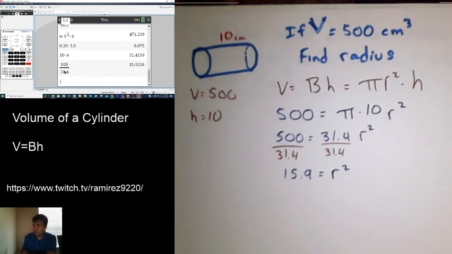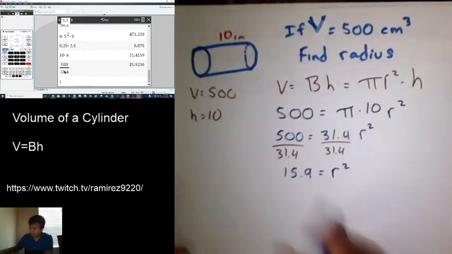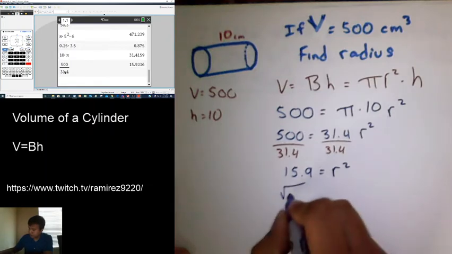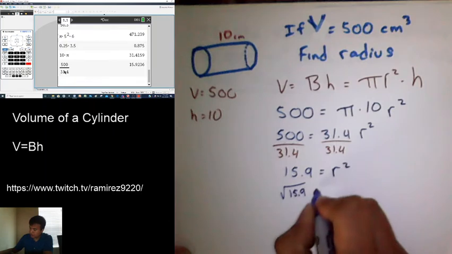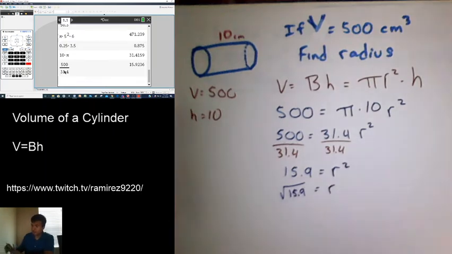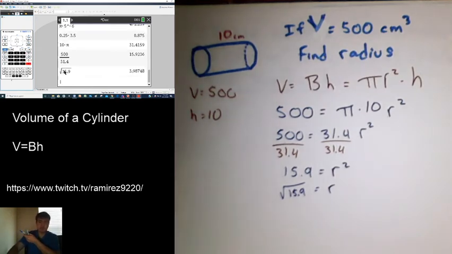Remember that to get rid of the square, we do the inverse, which is a square root. So we calculate the square root of 15.9, and whatever I get, that is what r will be. A lot of you could probably already guess the approximate answer, because 15.9 is really close to 16.